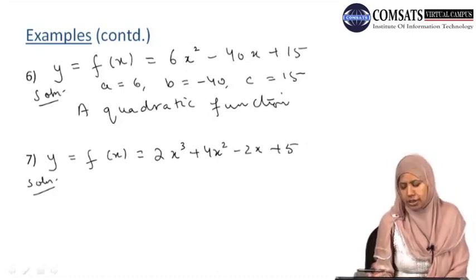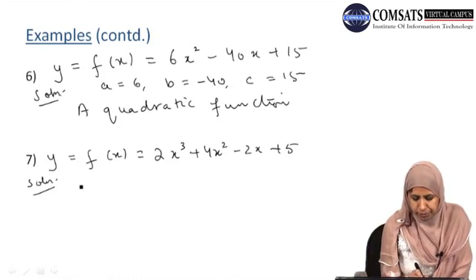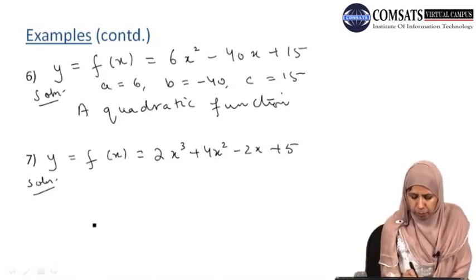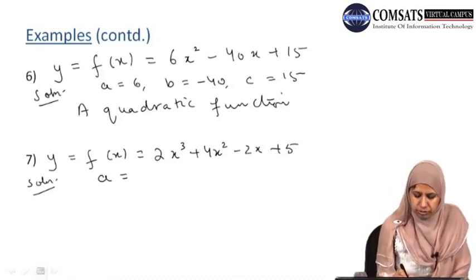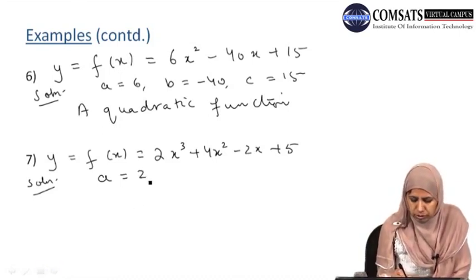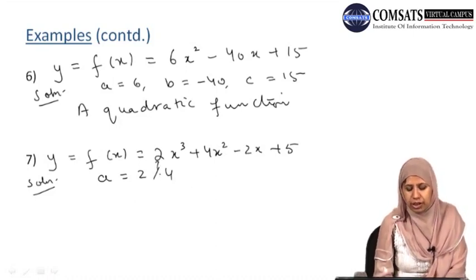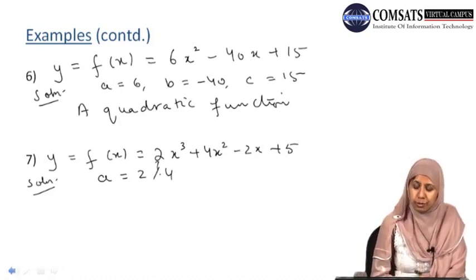The given function is containing all the powers of x. By comparing, we obtain a is equal to 2 or 4, and we have a question mark. We have to decide what is the value of a, or what is the coefficient of x square.